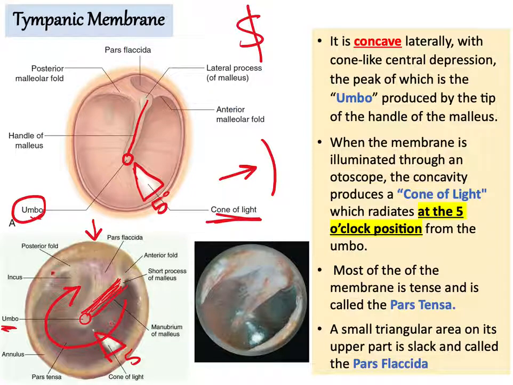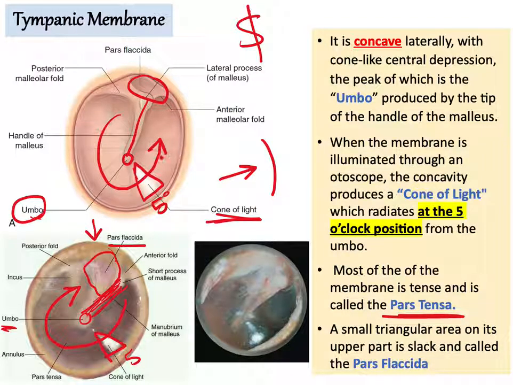So this part we call pars tensa. While this small flaccid part we call pars flaccida, right? So this is the pars flaccida, and this is the pars tensa. So we are describing the tympanic membrane.